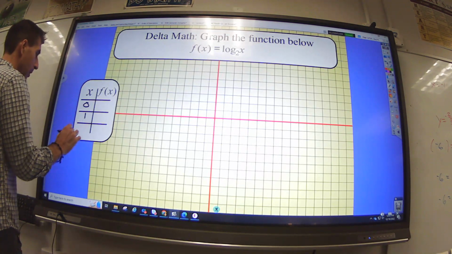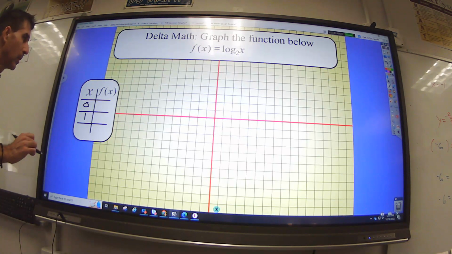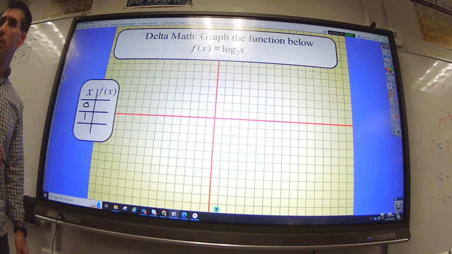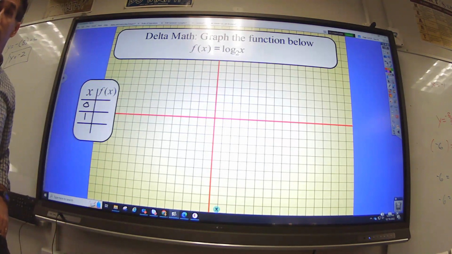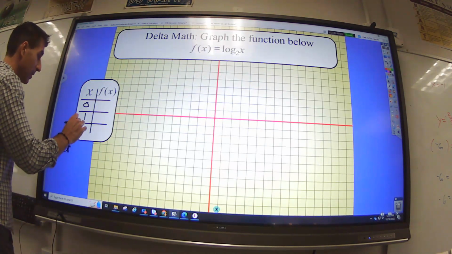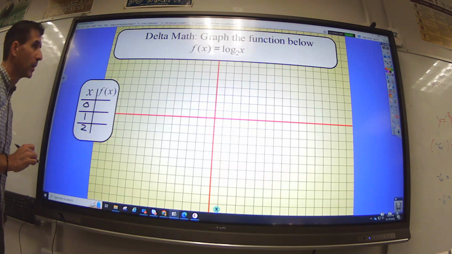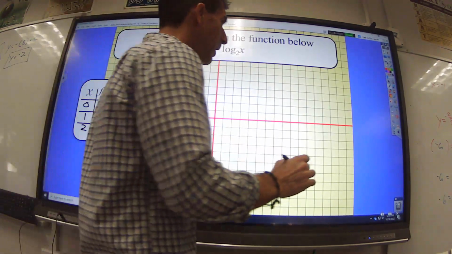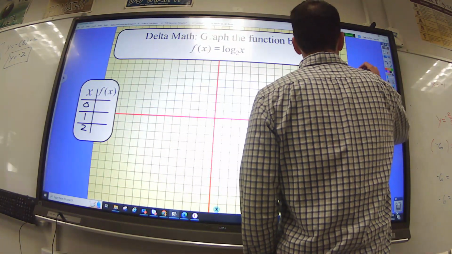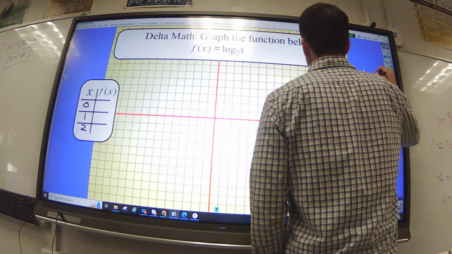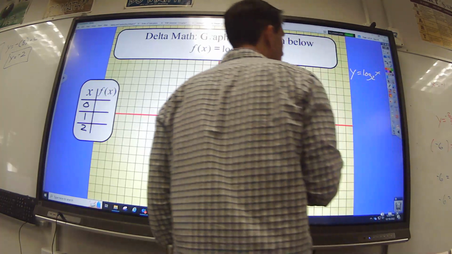Let's do the 3 easy points. 0, 1, 2. Why do I pick 2? Whatever the base is what I'm going to pick. On the final, it'll probably be something different. But 2. Now, you guys remember how to write logarithms? Y equals log base 2 of x.